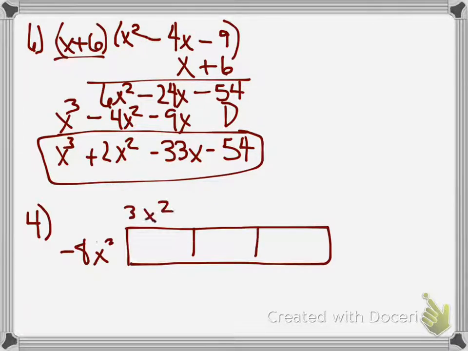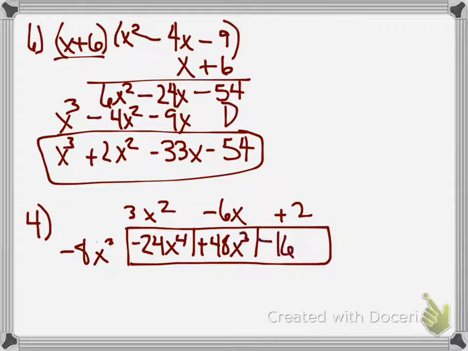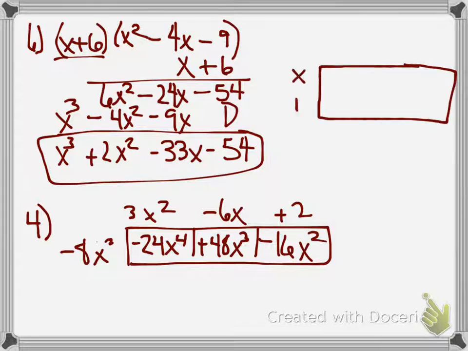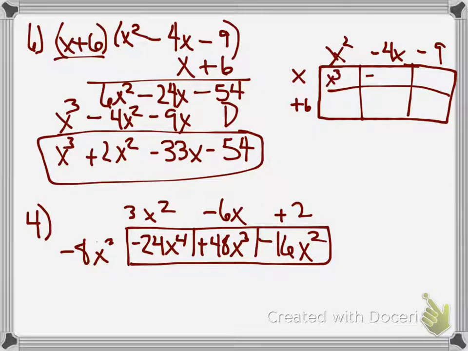Then, if you want to see it, the box method is pretty much going to be the same thing. It's really no different. I'm letting number 4 play through. But here's the box method coming up. So, got it like this. And I would say x times x squared is x cubed. X times negative 4x is negative 4x squared.